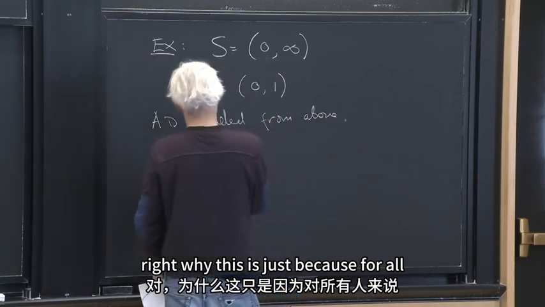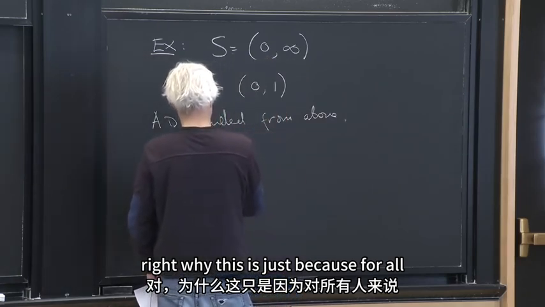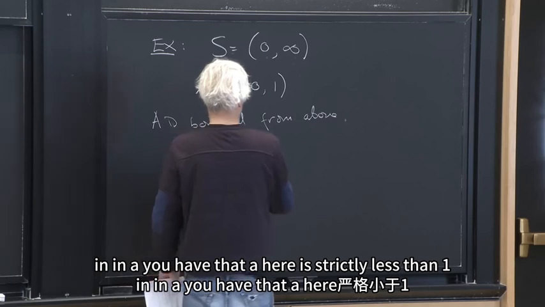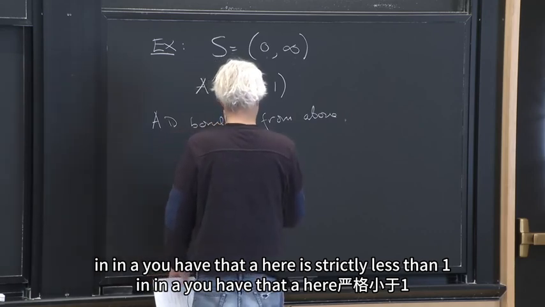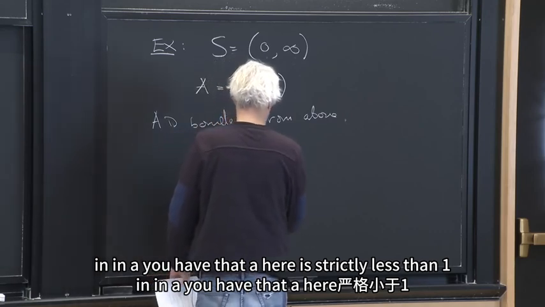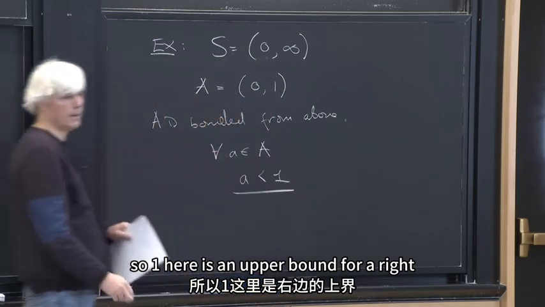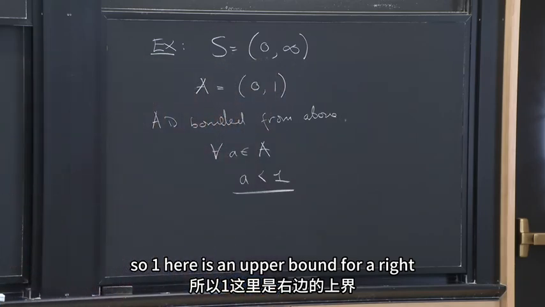Why? This is just because for all a in A, a is strictly less than 1. So 1 is an upper bound for A.